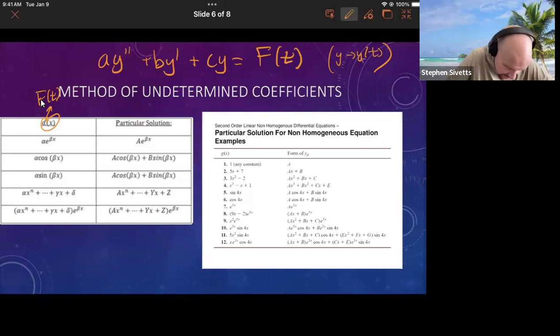So if your right-hand side is alpha times e to the beta times t, you would use an exponential. If your right-hand side involves a constant times a cosine or a sine function of some kind, you would use this as your particular solution, right? Your particular function.